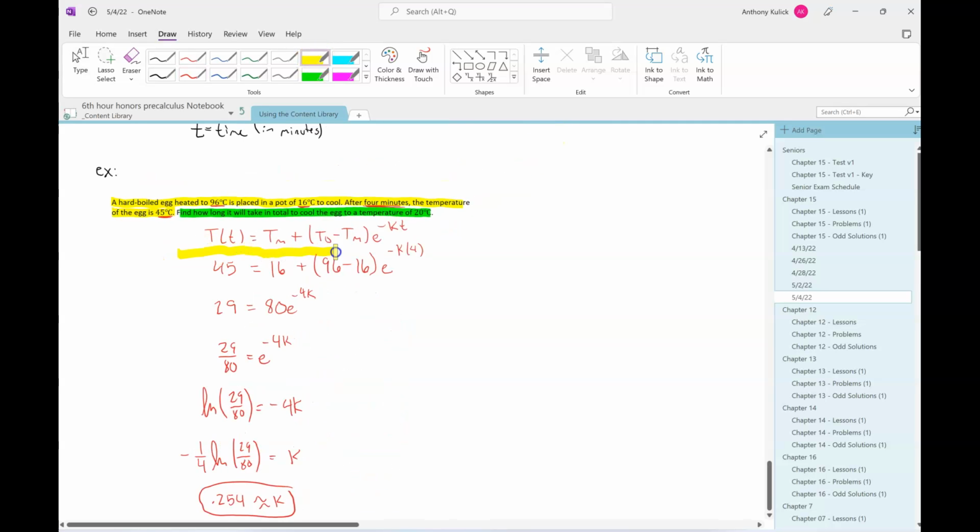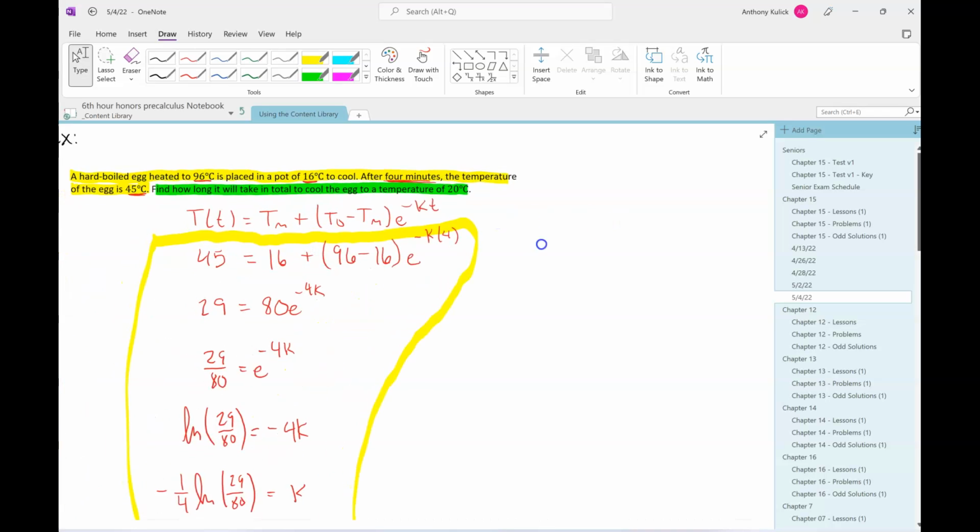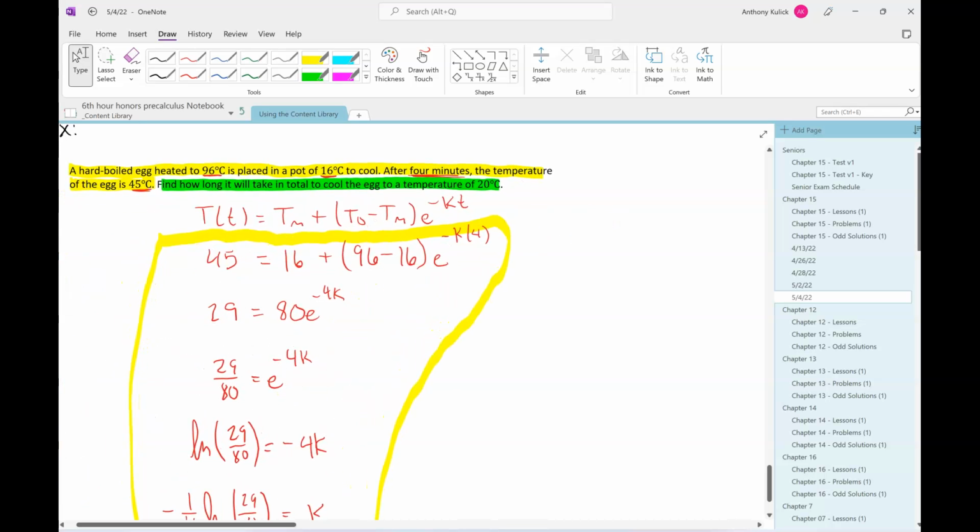So again, the yellow part of the question we've just done here. All right. Time to do the green part now. It's asking us how long, so what are we solving for? Little t, right?